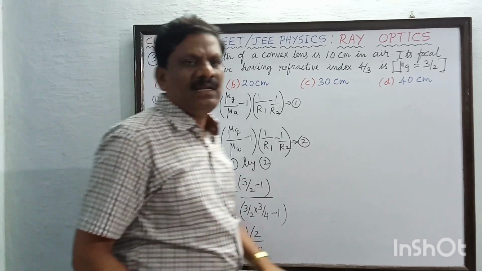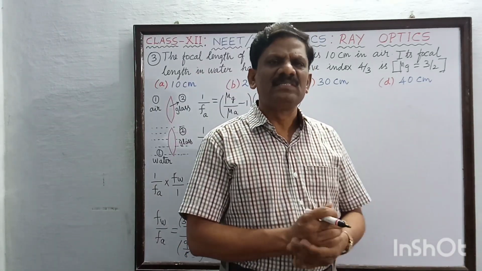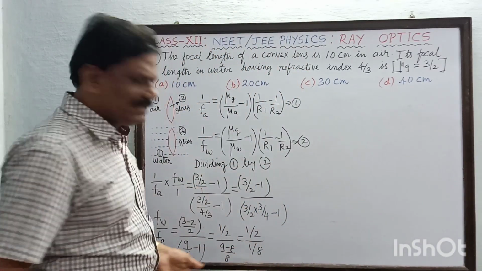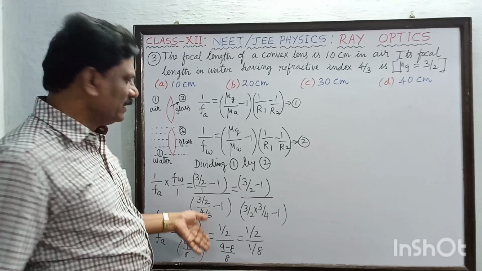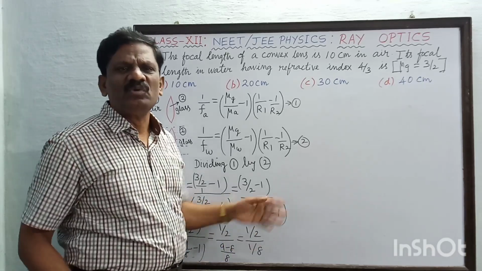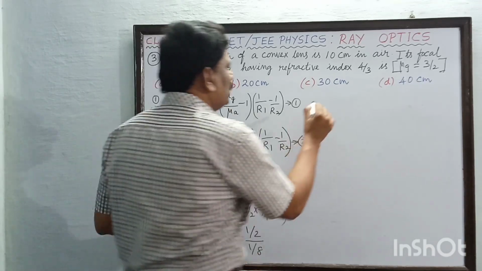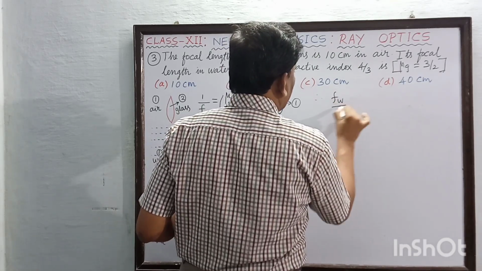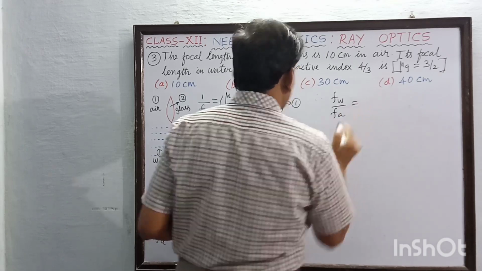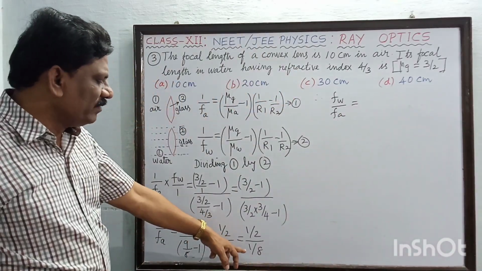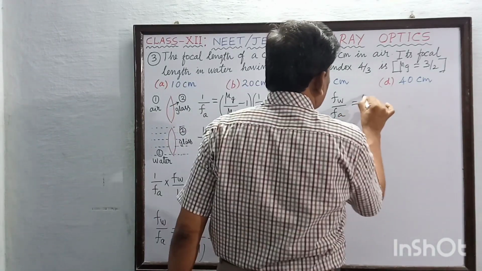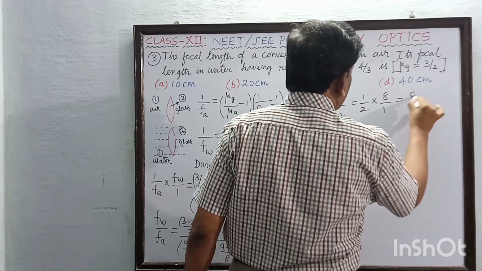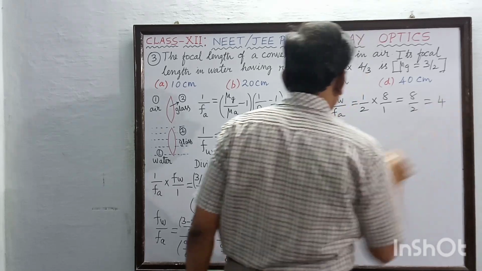So the mathematical calculation you can do even more shortly, very fast also you can do. I have done it systematically, step by step, but in the examination we should make it fast. So f water divided by f air is now equal to 1/2 divided by 1/8, which is 1/2 into 8/1, which is 8/2, equal to 4.